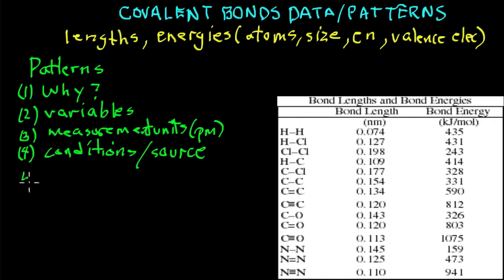The fifth thing is really the meat and potatoes of the table, and that is trends. Trends within a column or between columns.